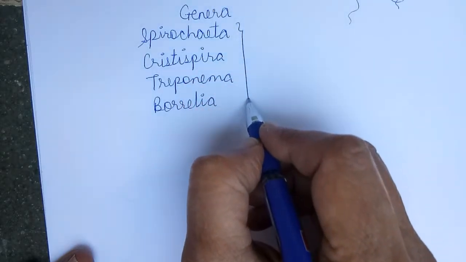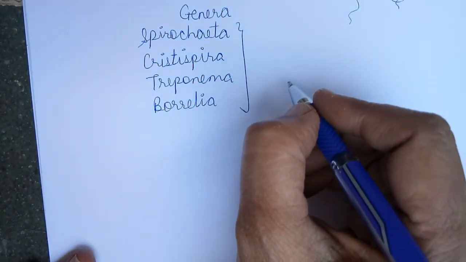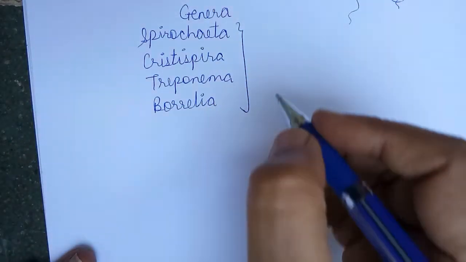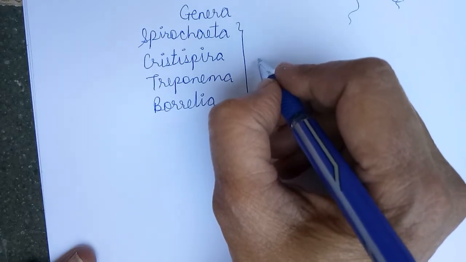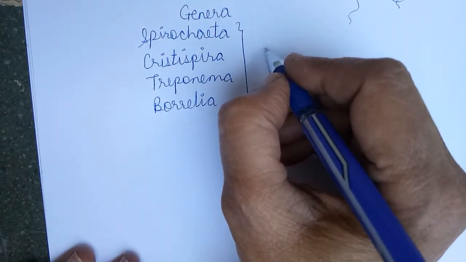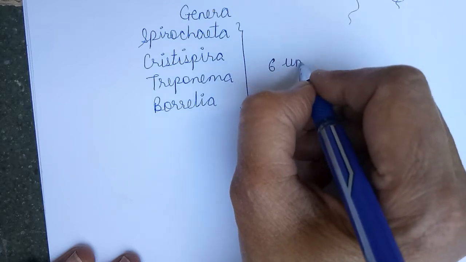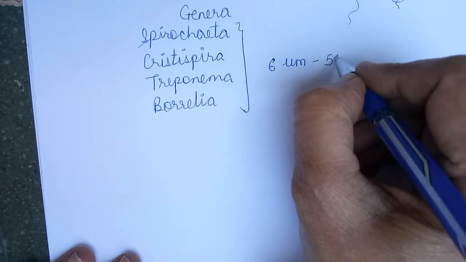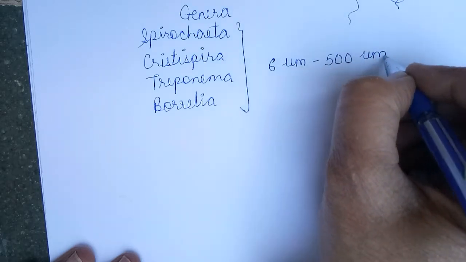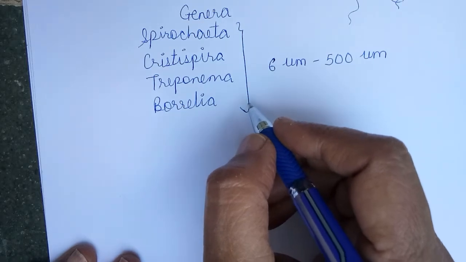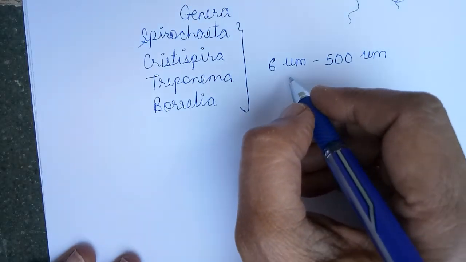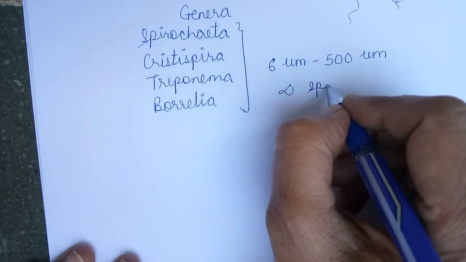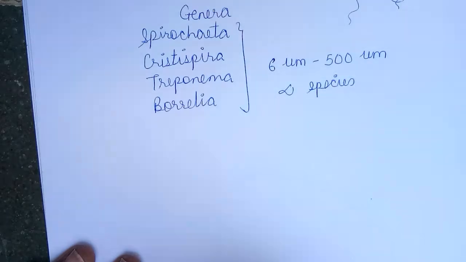All four of these genera have a helical shape and are gram-negative rods. Gram-negative helical rods may range in size from 6 micrometers to 500 micrometers long. They are extremely thin. The locomotion and morphology of these organisms vary with the species of the bacteria.